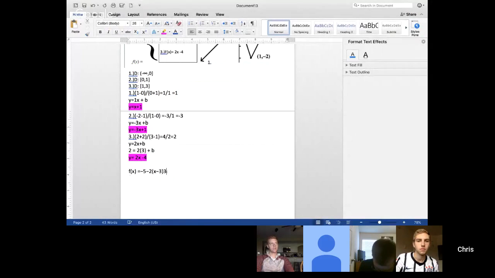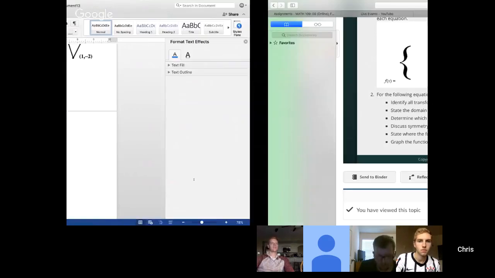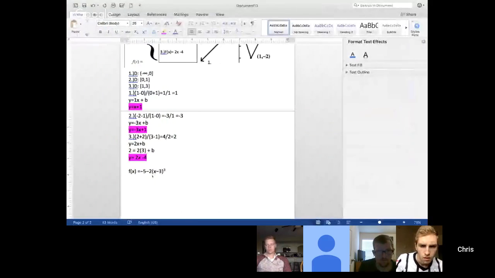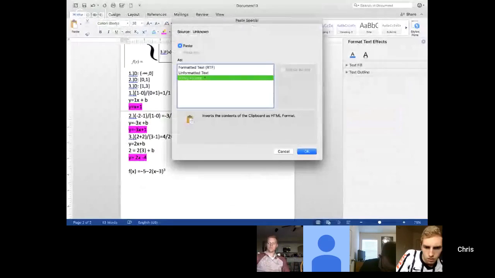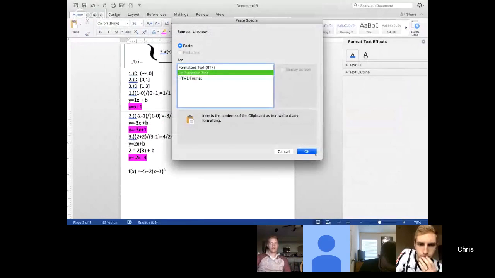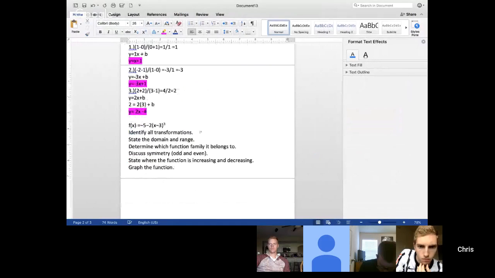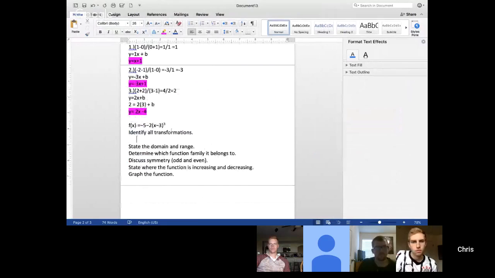And that's a cubed. And then we want to copy that as well. Identify all the transformations.